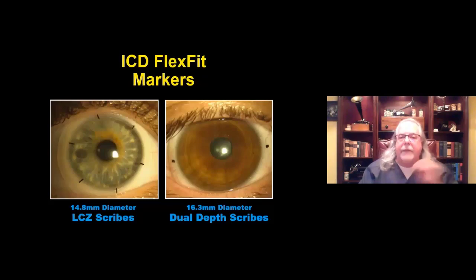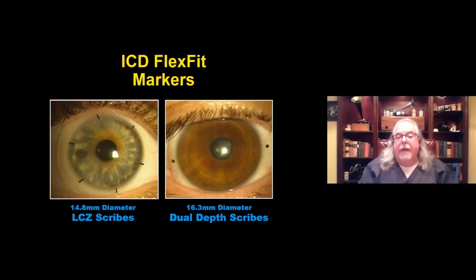Now, I did want to make you aware of a couple markers that are incorporated into the diagnostic lenses in the ICD FlexFit diagnostic set. The 14.8 has these little markers that are placed exactly in the area of the limbal clearance zone. So we can see here, does that area, those black markers, do they actually clear that area of the limbus?